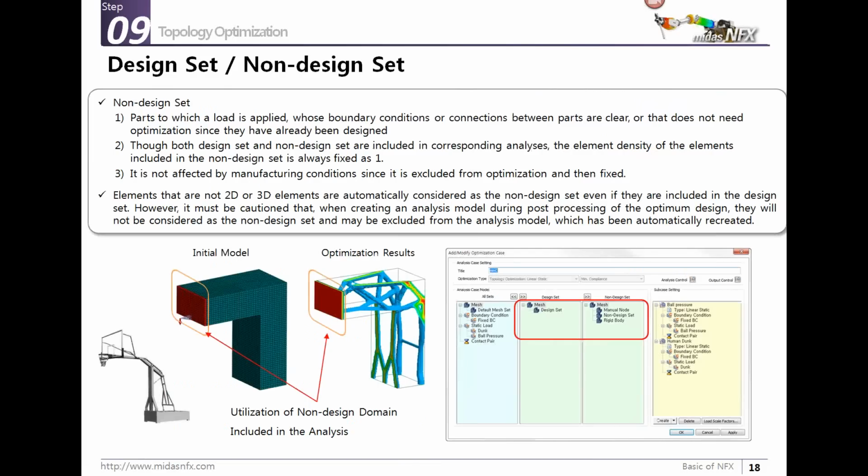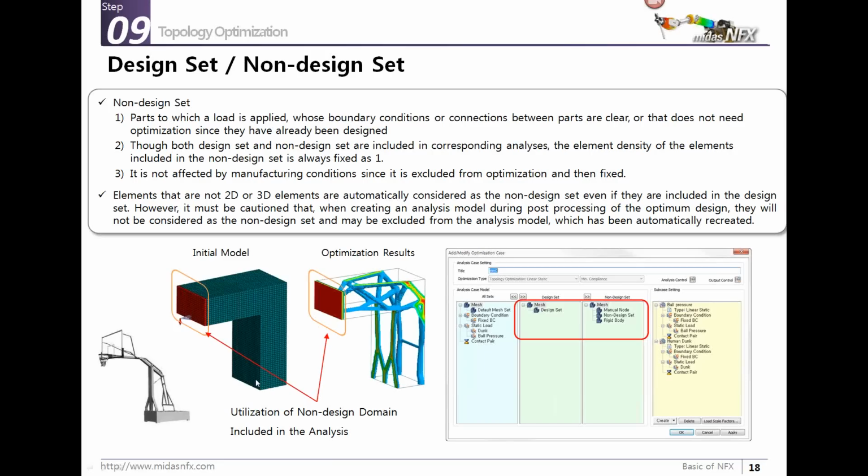Now let's talk about the design set and the non-design set. It's also something that you can set if you're doing this topology optimization. When you have a model, there's always some part of the model that you cannot change. So this is a constraint of the design. In this case, this is what I call a non-design set, because you cannot design this part, so you set it as a non-design set. So it's really simple.